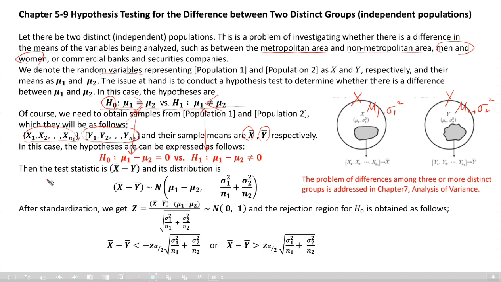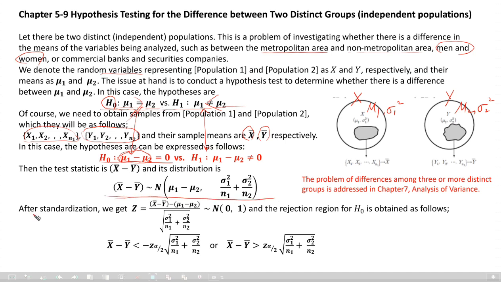Same thing. The test statistic will be x bar minus y bar, since mu1 minus mu2 is the new parameter. We know the distribution of x bar minus y bar follows a normal distribution with mean mu1 minus mu2 and variance sigma 1 square divided by n1 plus sigma 2 square divided by n2. No problem yet.